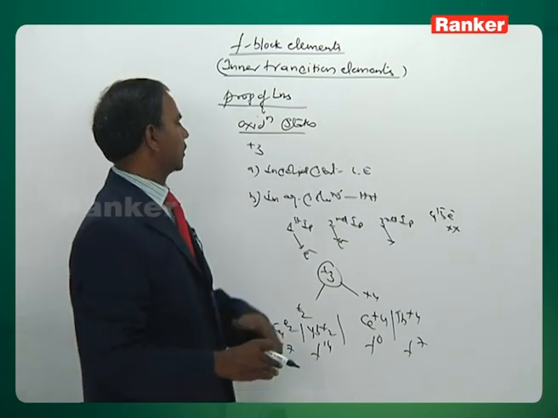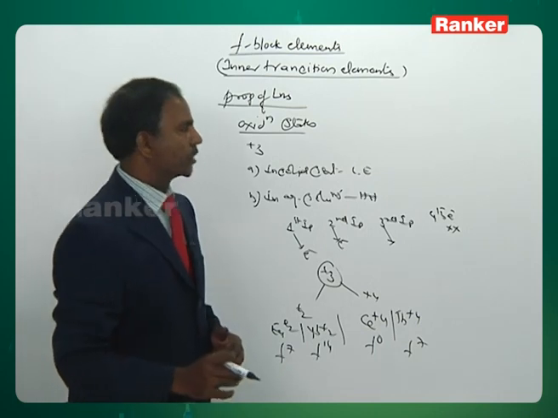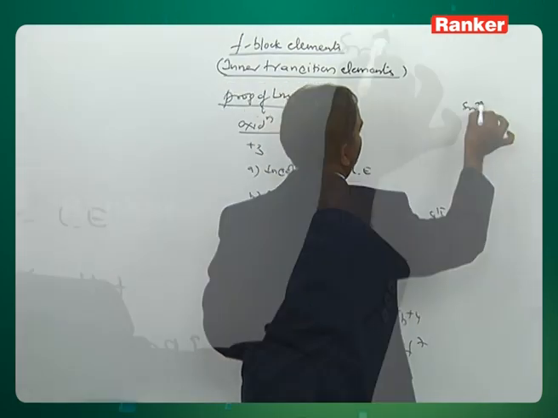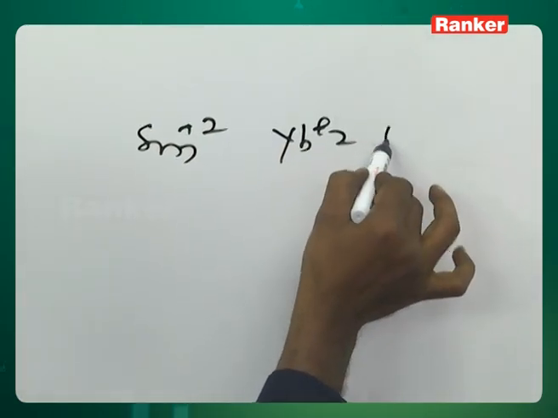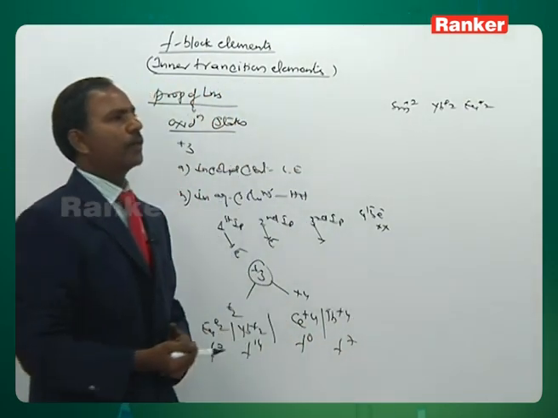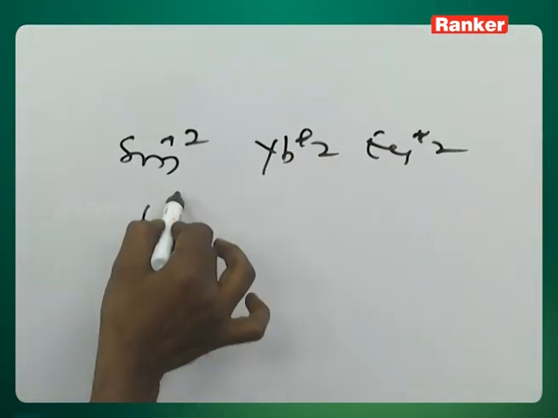Next, let us see the other thing. Take samarium +2, ytterbium +2 and europium +2. Samarium +2 electronic configuration is what? F6.